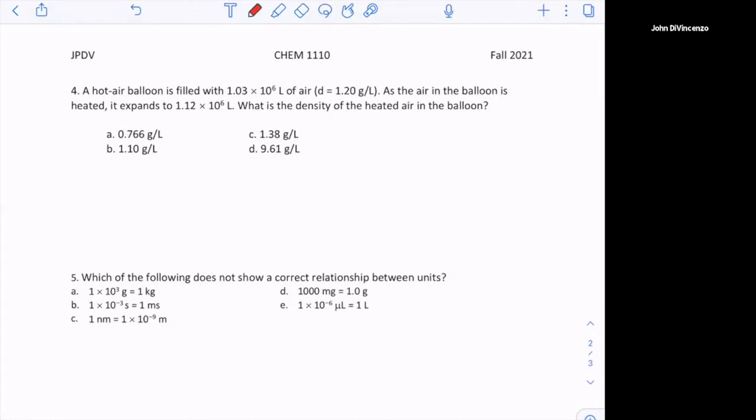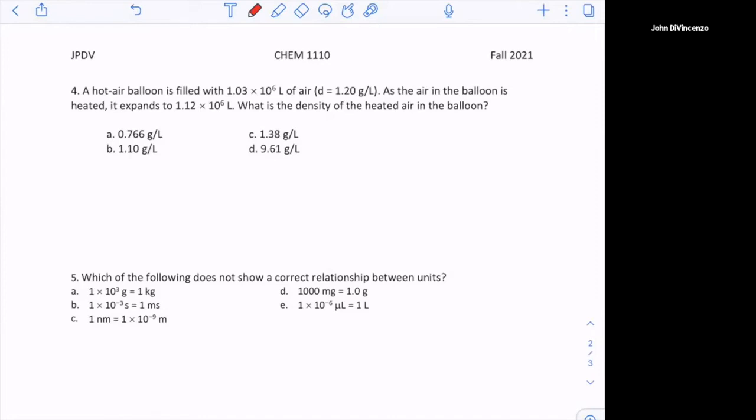Okay, what do I do? Someone tell me, don't say multiply it. Someone tell me logically in words how I'm going to solve this. For the second density, right?